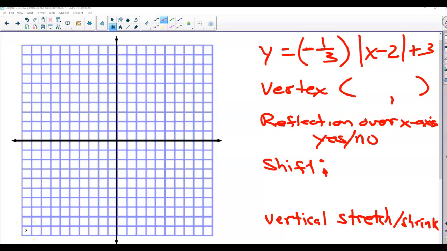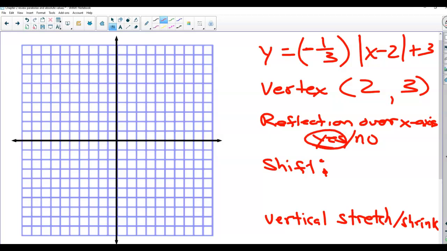Okay. The vertex. What makes the absolute value equal to 0? 2. What's the vertical shift out wide here? 3. It's a negative A term, so there's a reflection over the x-axis.